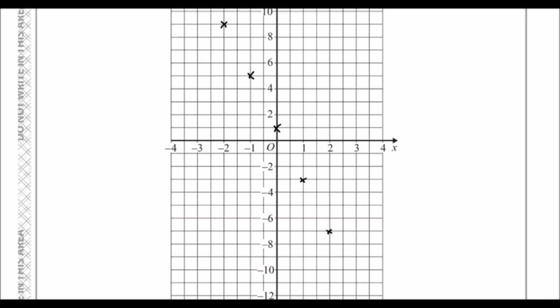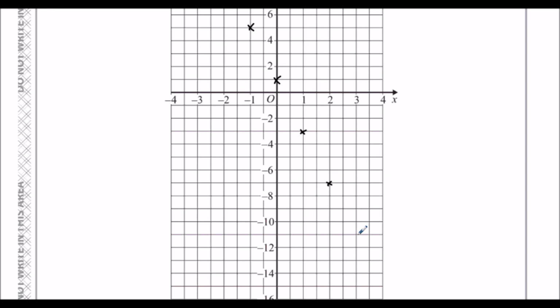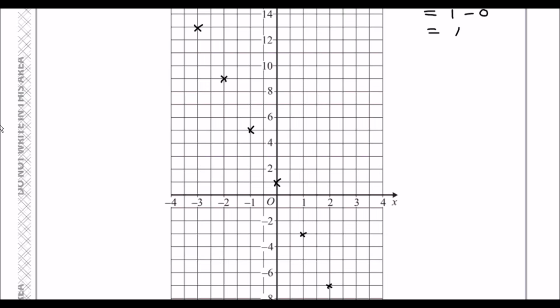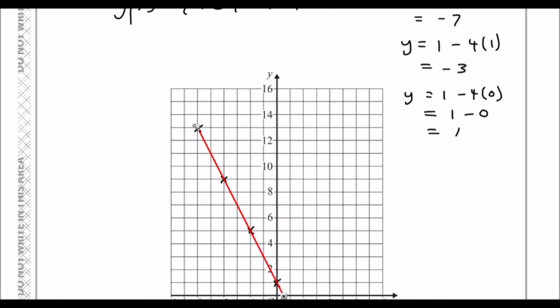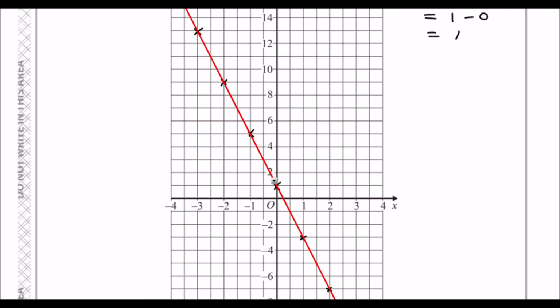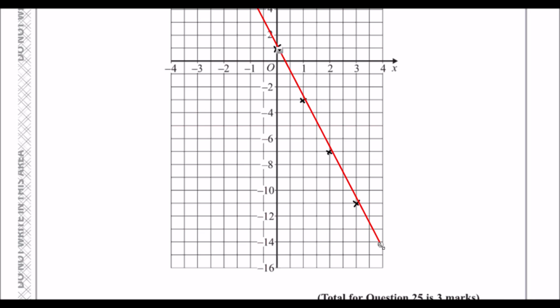And 3, minus 11. And then we just join it up for a straight line. Use the red. And we can extend it as far as we want. And there we have our line.